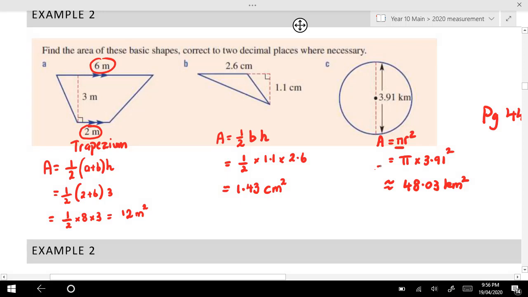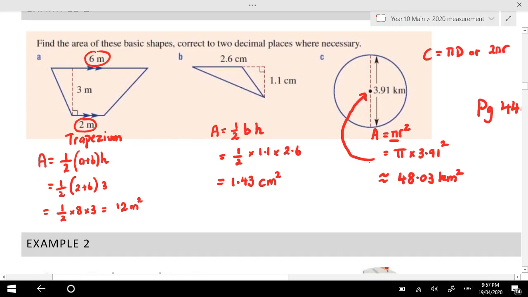I hope that you noticed, because you can see there that the circumference is pi times the diameter, or 2 pi r. But notice that with the area of the circle, it is not the diameter that we're using, it's the radius. So I just wanted to point that out to you. Hopefully you picked that mistake up.